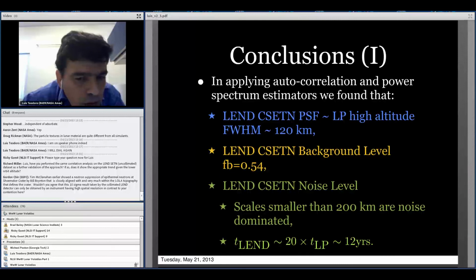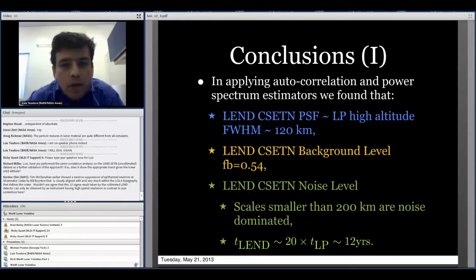If so, does it show the appropriate trend given the lower orbit altitude? No, yeah, it's correct. So the two trends in the correlation function are different.